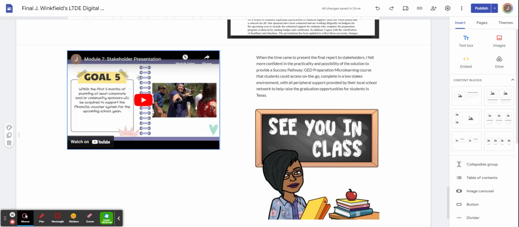This is the stakeholder presentation that we were asked to create in the closing out of our project. I went in and I looked at all the goals and the different aspects of it.